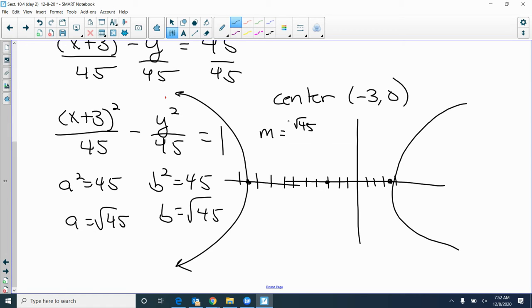Square root of 45 plus or minus over square root of 45, which is just what? 1. Plus or minus 1. So it should be y minus 0 equals plus or minus 1 times x minus 3. Actually, plus 3. There.